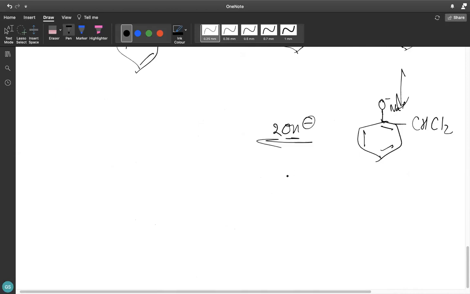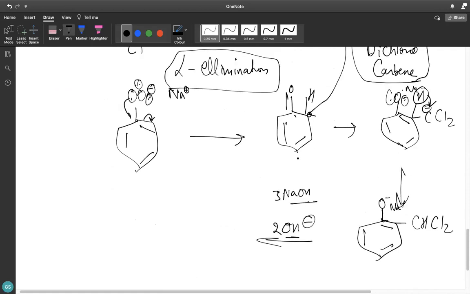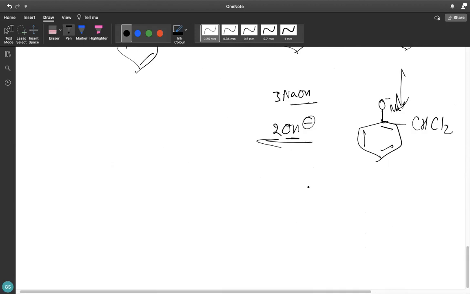These 2 OH, because we have 3 NaOH in the beginning, 1 OH is consumed in this alpha elimination. 1 Na is present here. 2 remaining Na can take these 2 Cl with them, and these 2 OH can get associated with this carbon pretty easily. So what we'll get is this.